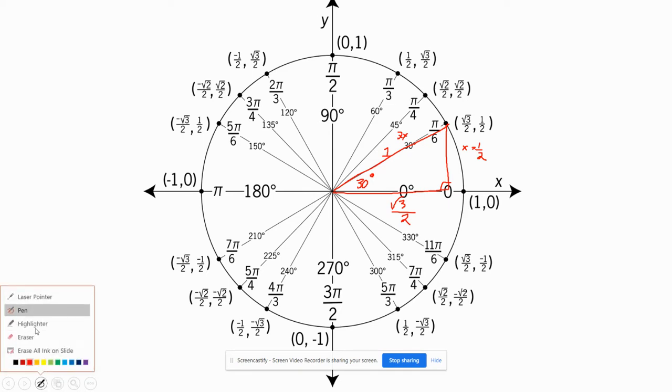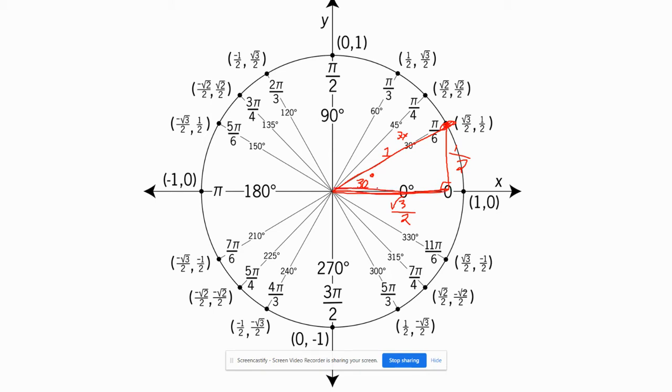So if I take a look at what that means as far as my unit circle is concerned, this here is 1/2. What are the coordinates of this point right here? Well, I'm going over this amount in my x direction, so I'm going over the square root of 3 over 2. So that's that point. And I'm going up 1/2. So the square root of 3 over 2 is my x and 1/2 is my y value.